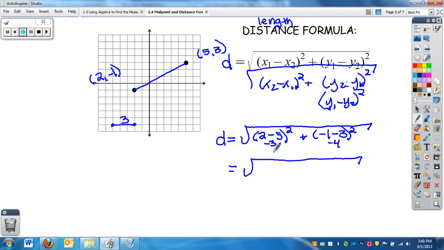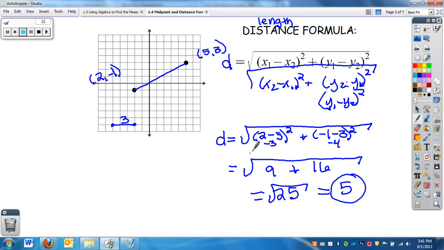Negative 3 squared is negative 3 times negative 3, so that is 9, plus negative 4 squared is 16. Anytime you square a negative it's positive. Add those two together, order of operations, square roots last, equals 5. Now you may remember from algebra there's a positive or negative, but distance is always positive, so my answer is 5. And it's 5 units long would be the correct answer. Always have a label. If it doesn't have one, it's usually units.